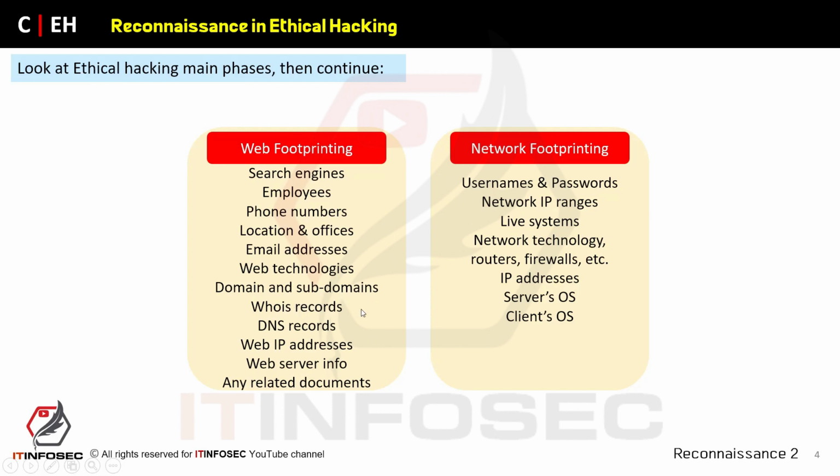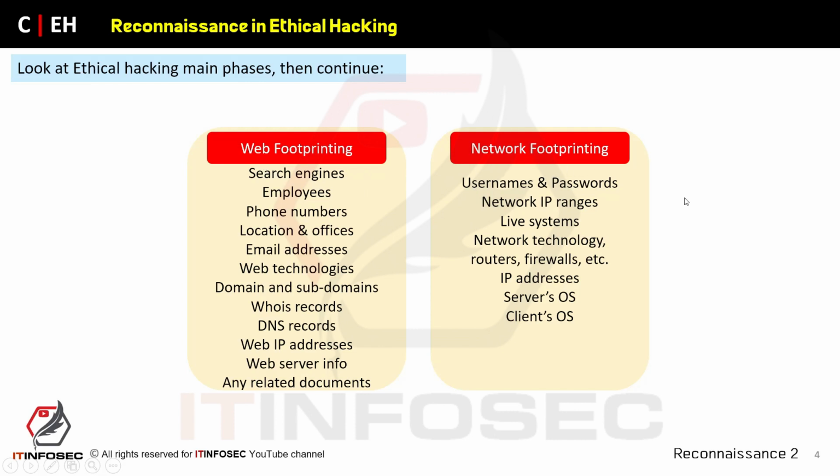Whois records I described in a previous video. Maybe you need DNS records for the target's web address or its DNS servers. Maybe you need IP address information, web server information, and any related documents accessible from the web. All of these are contained under the web footprinting phase.